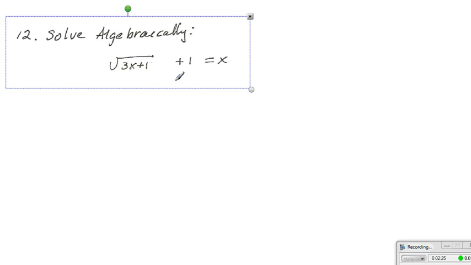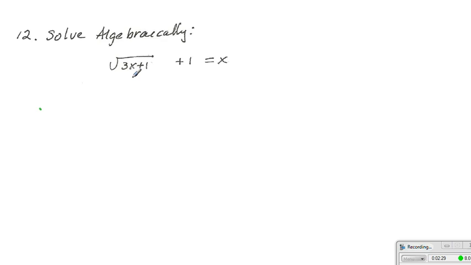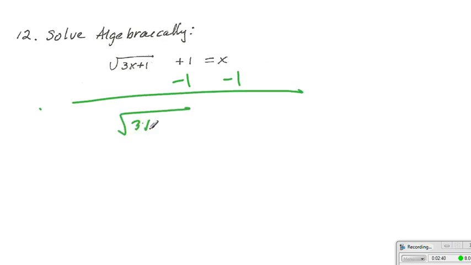Solve this one algebraically. Whenever we want to solve equations with radicals, we want to isolate the radical on one side. So we subtract 1 from both sides, and we end up getting the square root of 3x plus 1 equal to x minus 1.